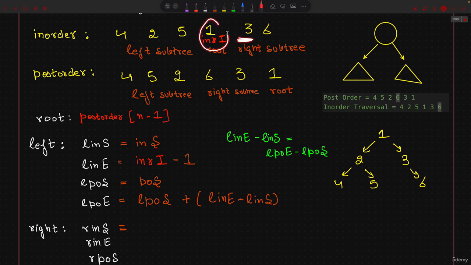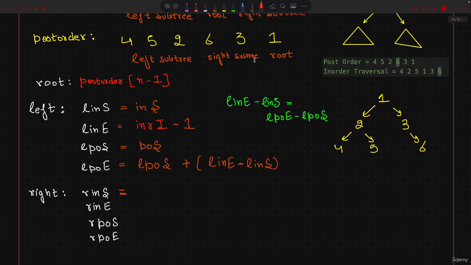And we know the root index, just the next index from it, because that is how my in order is defined. First the left subtree, then the root, and then the right subtree. Okay. Great. So we can easily write it as in order root index plus 1.